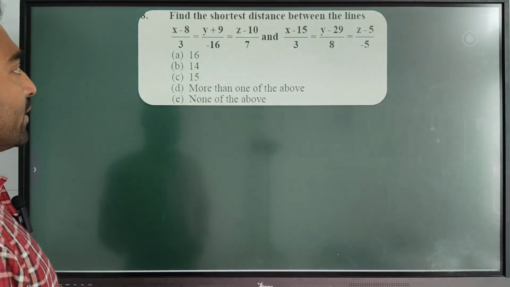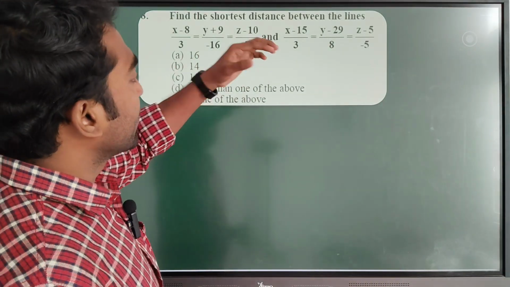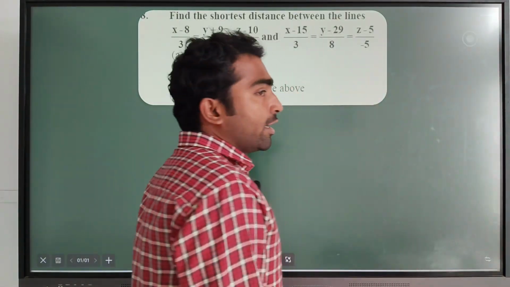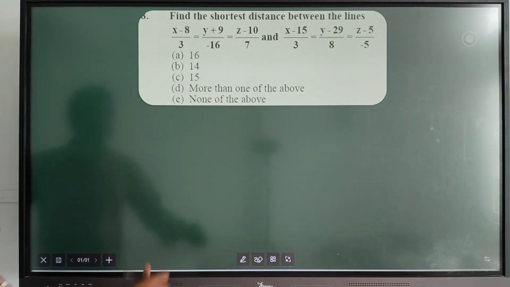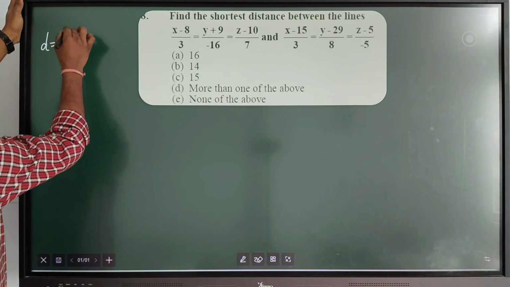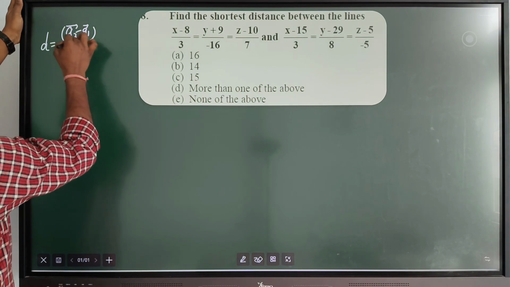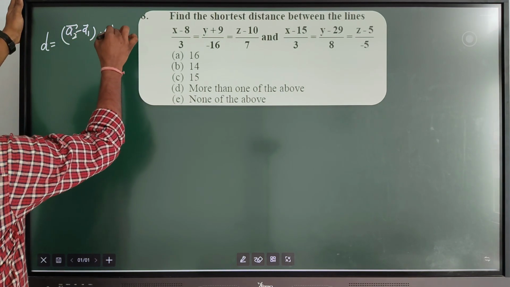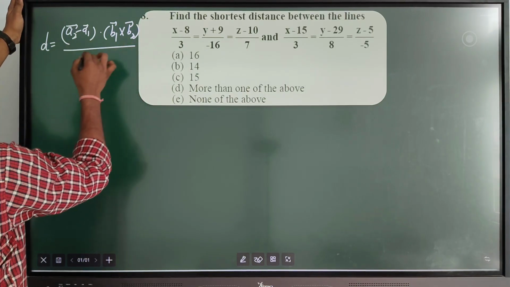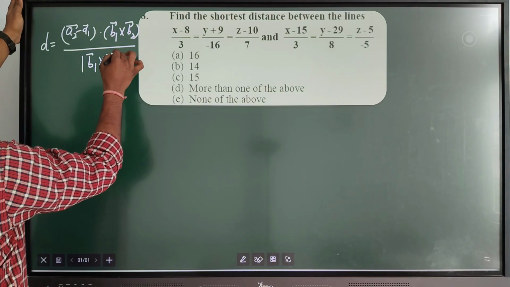Find the shortest distance between the lines, this one and this one. This is the concept of three-dimensional geometry, and you have to remember the formula for the shortest distance: d is equal to |(vector A2 minus vector A1) dot (B1 cross B2)| divided by the mod of B1 cross B2.